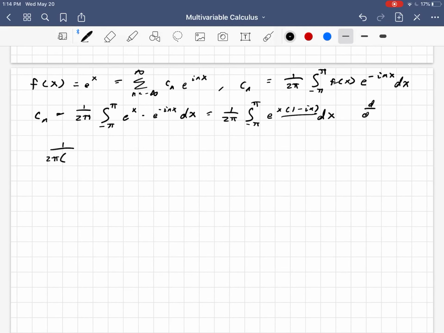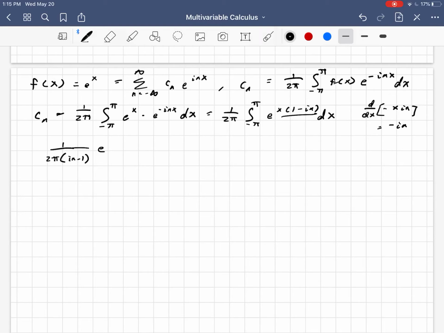When I take d over dx of x times 1 minus i n, I get 1 minus i n. So I would get an i n minus 1 right here, because I would have a negative 1 minus i n on the bottom. That's just integration. You could do it out if you wanted. I did that in my head there.